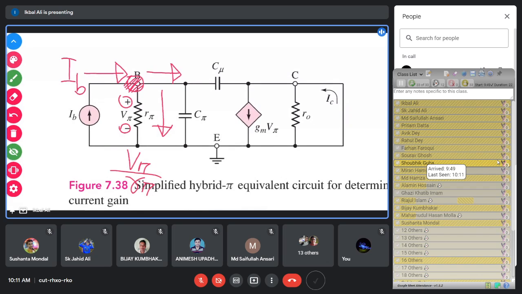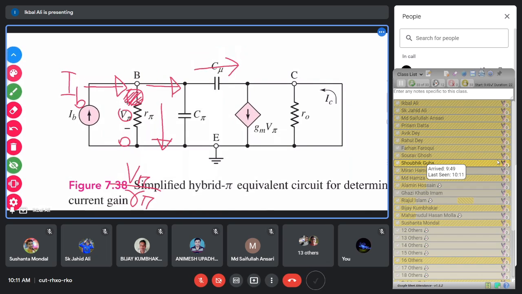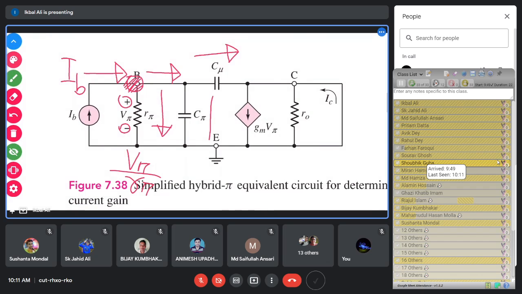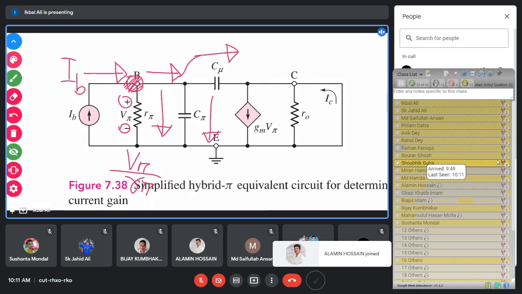This current actually divides into two ways. One part flows through C mu, and another part flows through C pi. So this current has a division into two branches. So you have to calculate the current flowing through C mu and C pi.